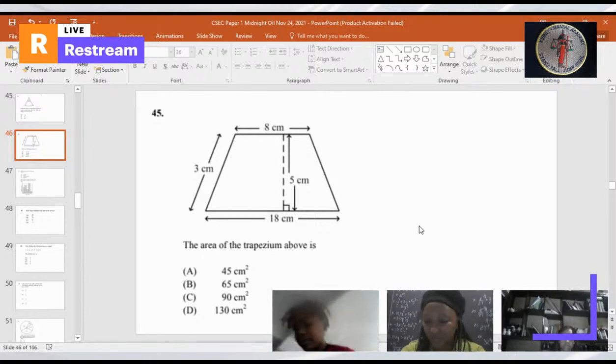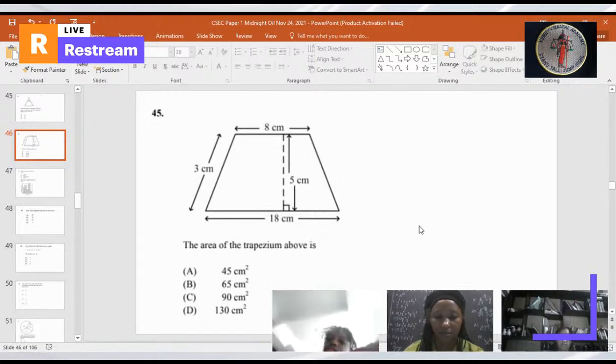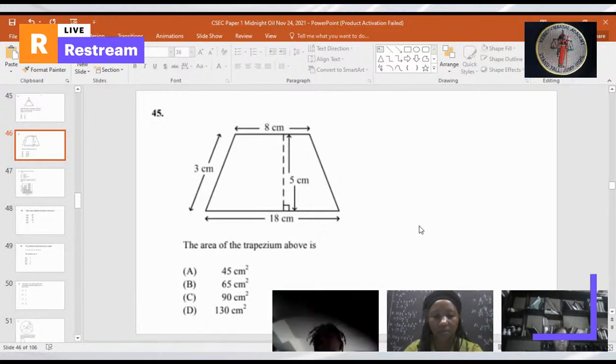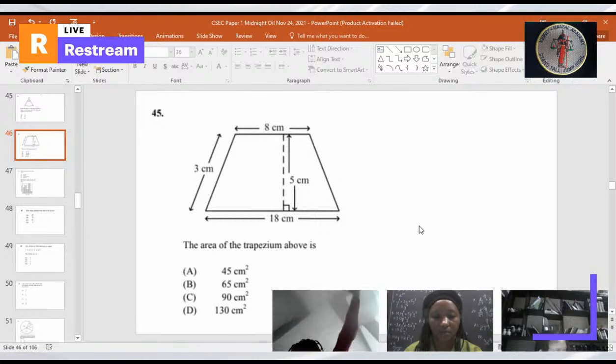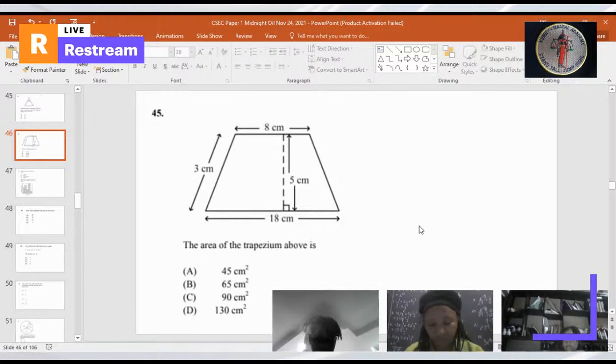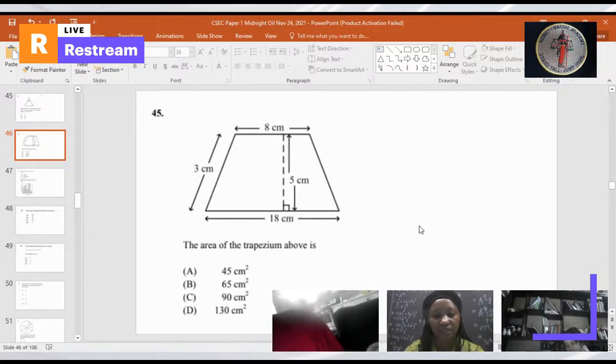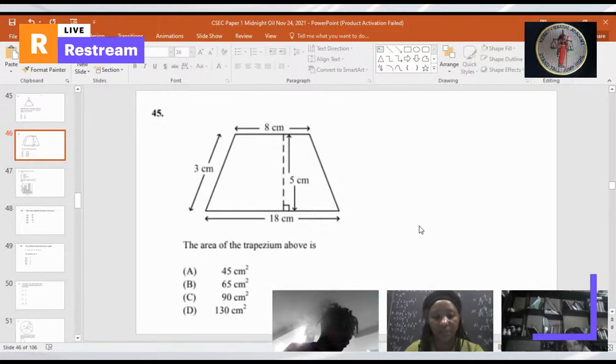With A and B being what? A would be the short side at the top, and B would be the longer side at the bottom. So the two parallel sides, right? Yes, miss. In the formula, A and B refer to the two parallel sides of the trapezium.